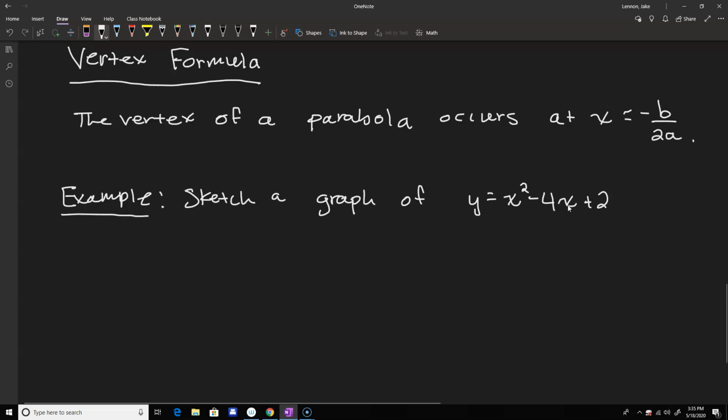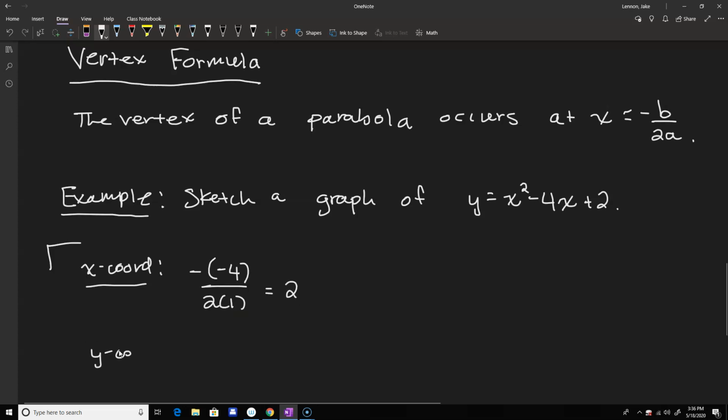Let's first find the vertex. I'll break it down in two parts, finding the x-coordinate of the vertex. Well, b is -4, so it's going to be -4 divided by 2, and then the coefficient of x squared is just 1. So this comes out to +2.